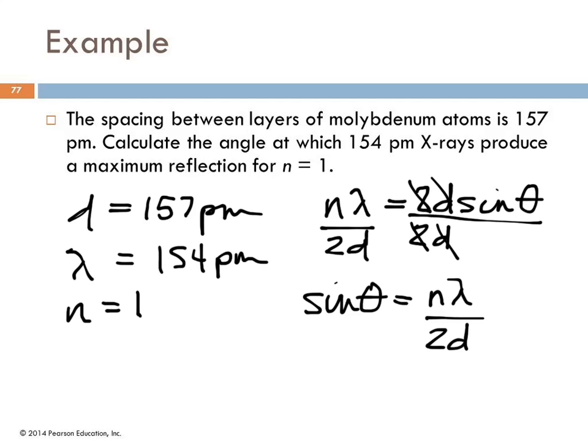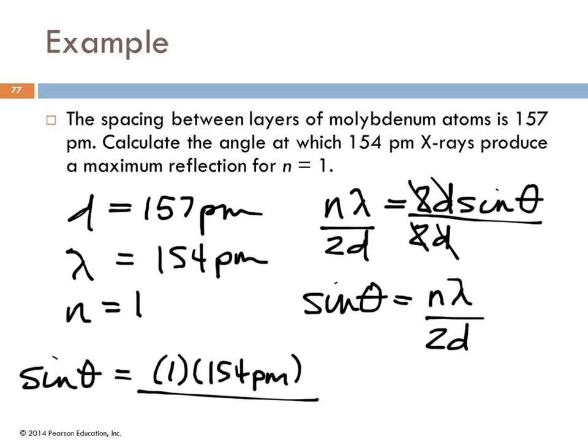That's just not going to fit there. I'll just go back over here. Sine of theta equals n, which is 1, times the wavelength, 154 picometers, divided by 2 times the distance, 157 picometers.